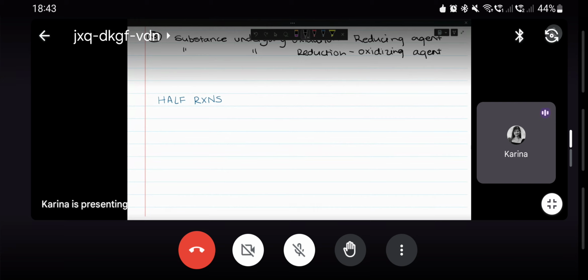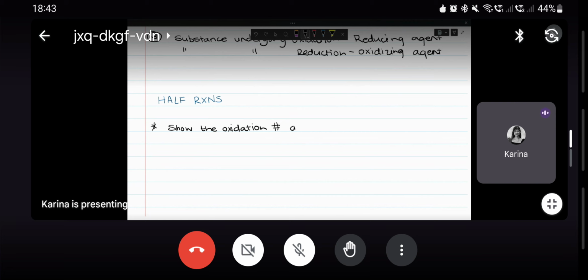Okay, so the first rule with a half reaction, I'm just going to write some general rules first and then we'll start doing examples. The first thing is whenever you write down a half reaction, you always want to show your oxidation number at the top of the substance. So I'm just going to write number like this for short.